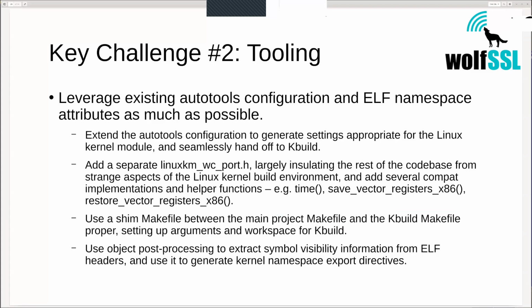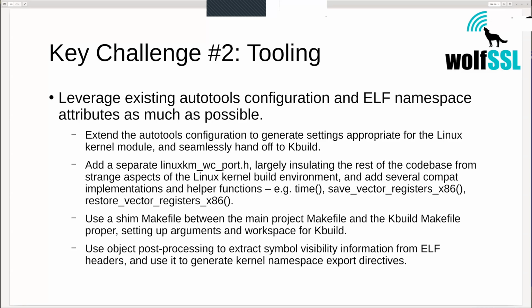The shim header, the glue logic header in the Linux KM subdirectory, has a rather large list of macro remappings and careful header inclusions and all of the sort of jujitsu that we have to do in order to make the rest of the library work as expected when building inside the kernel.